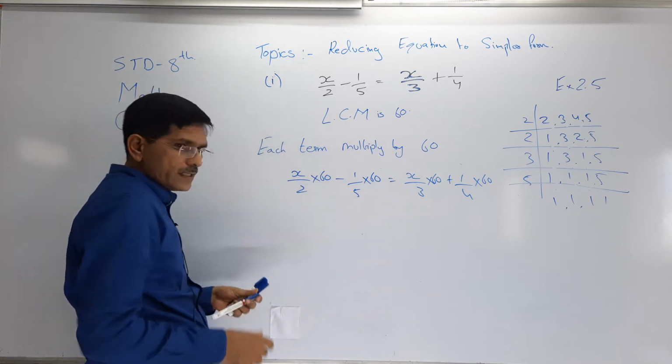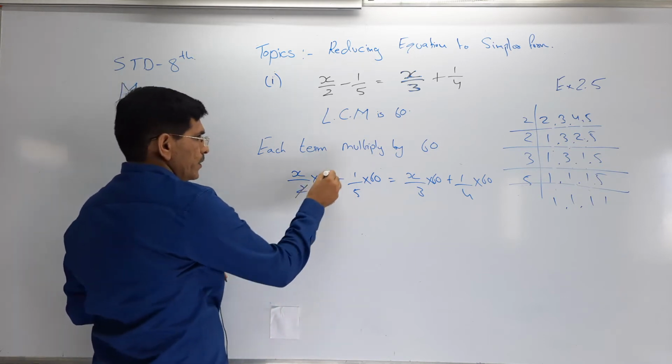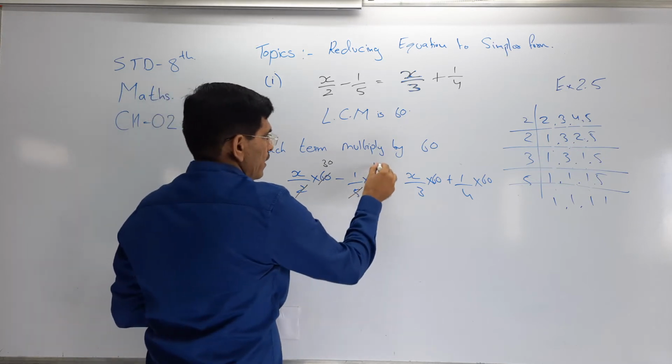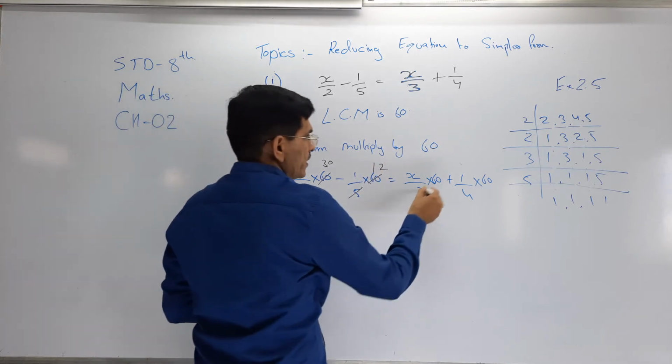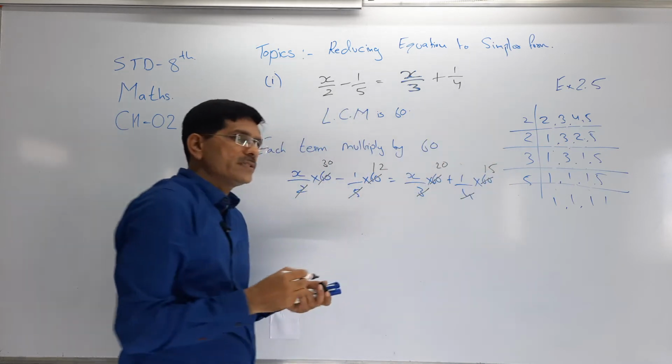Now if you see properly, when we multiply: 2 thirties are 60, 12 fives are 60, 3 twenties are 60, and 4 fifteens are 60.